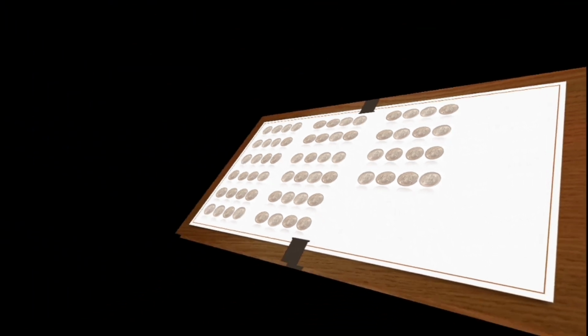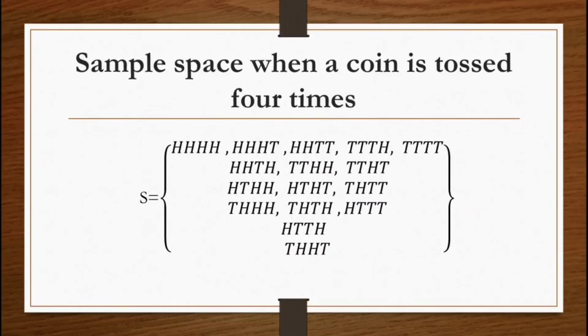Now how will you write the sample space? The sample space when the coin is tossed four times: you will write all four heads in the extreme left and all four tails in the extreme right. Now at second place you write three heads and one tail.